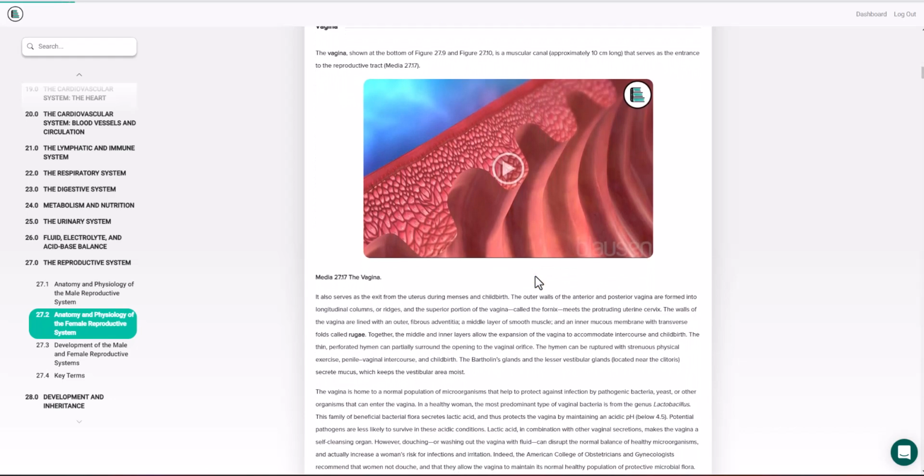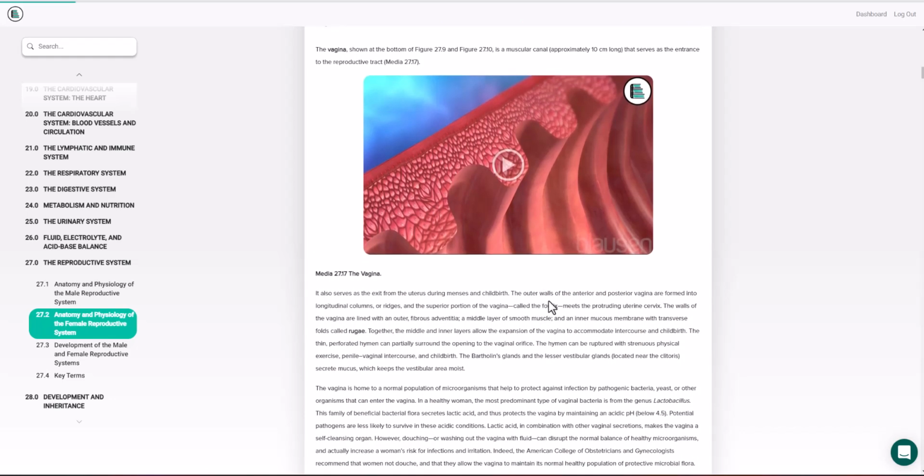So the vagina, let's take a look at the vagina. It is simply the copulation organ of the female. Again, if you were to ask folks on the street, what's the major female reproductive organ, they would likely say the vagina. But in fact, as we learned in the male presentation, it's really the gonads that are the primary sex organs, but the penis and the vagina are the primary copulation organs.